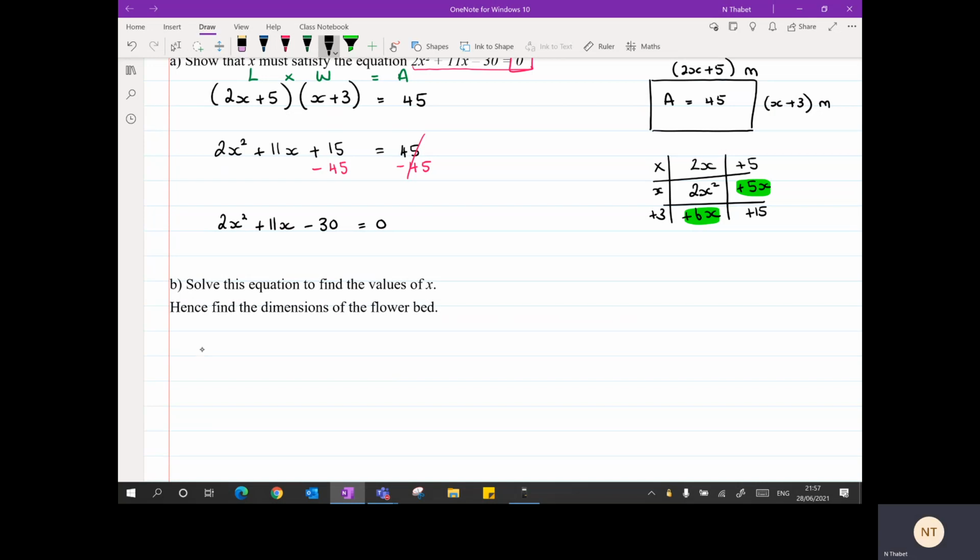And we can use the quadratic formula to find the values of x, or you can have a think and see if it factorizes and do that. But since we're using the quadratic formula, that's what I'm going to do in this video. So I've got a is 2, b is a positive 11, so minus b is a negative 11, b squared is 121, it's 11 squared, and c is negative 30.